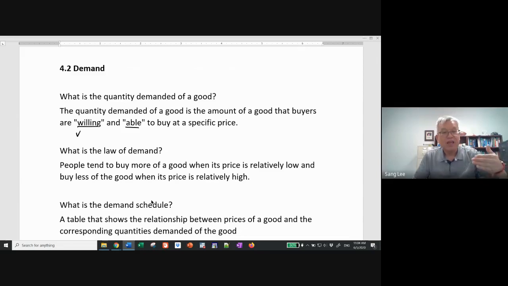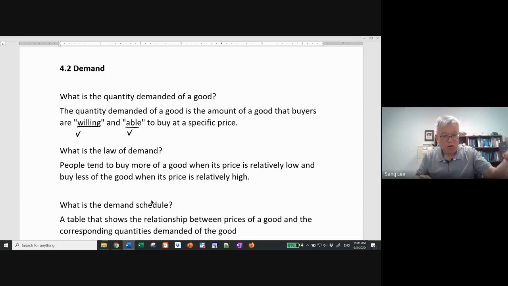And then able to buy at the specific price. So your preference, your interest, your willingness must be backed by your ability to pay for it. So your willingness must be accompanied by enough financial means.